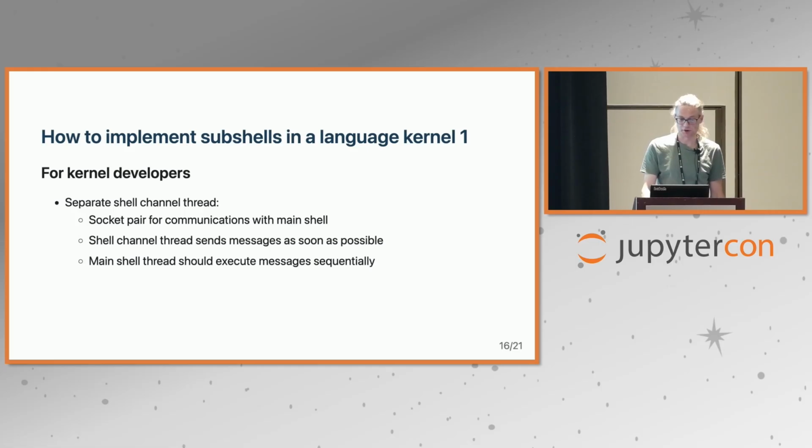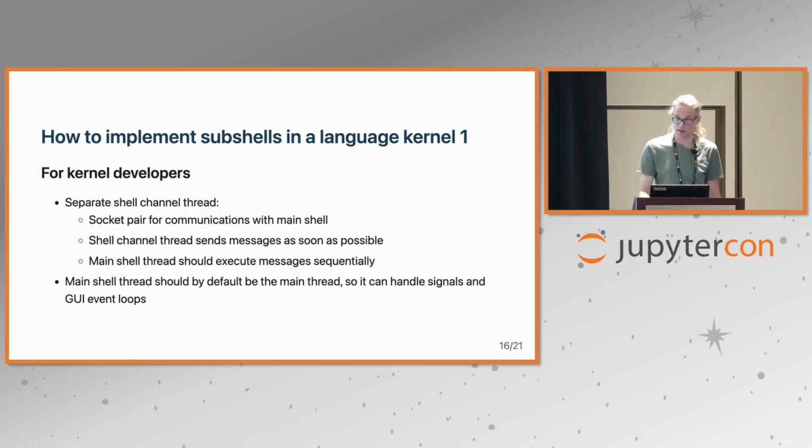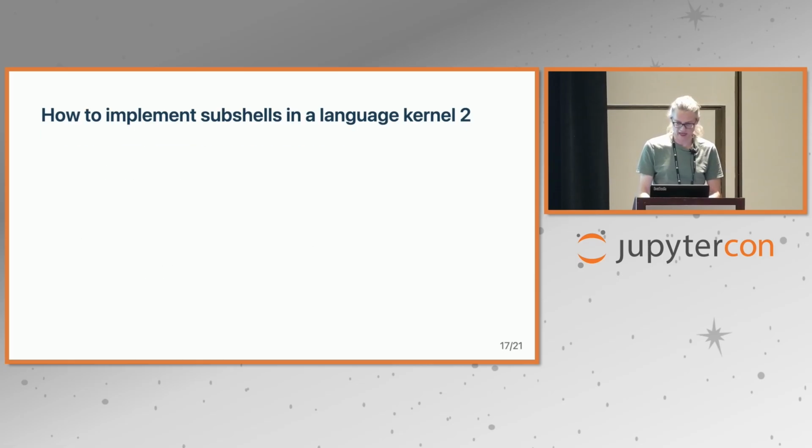And the main shell thread should execute messages sequentially, one at a time. You need to be careful about which thread you allow to be the main thread. If you're running some GUI loop stuff like matplotlib, Qt, or whatever, heaven forbid, then that would need to be the main thread. So that's just a care needed there.